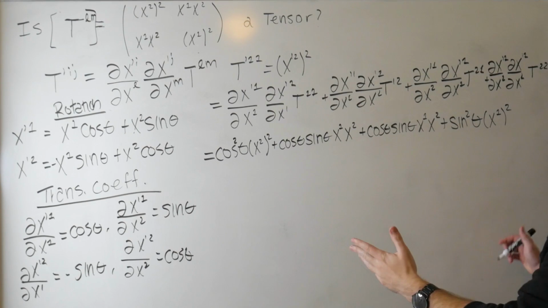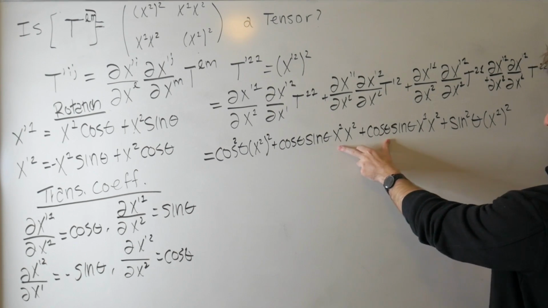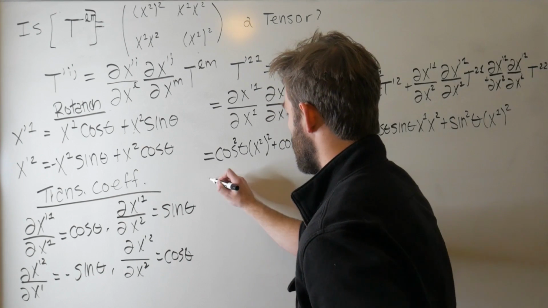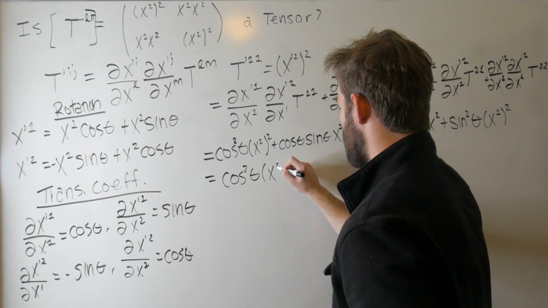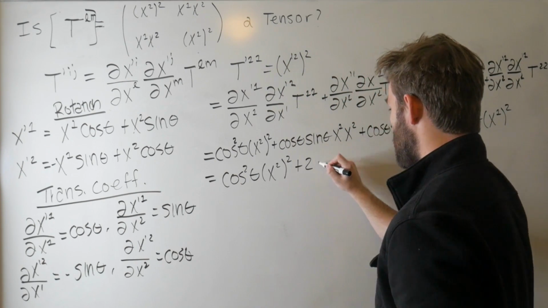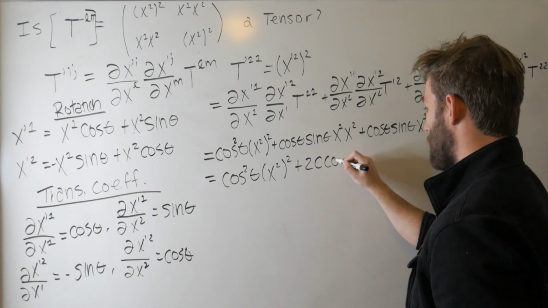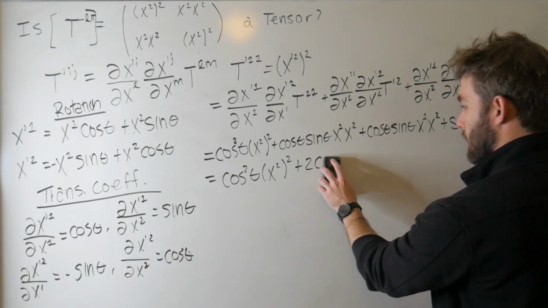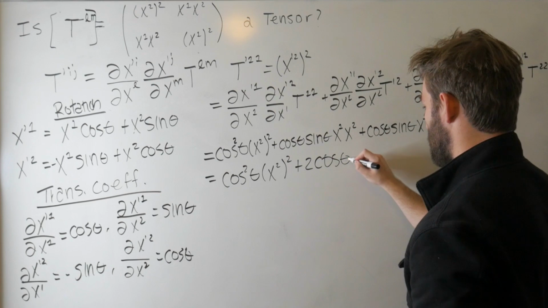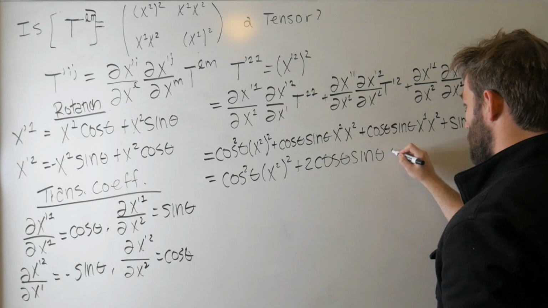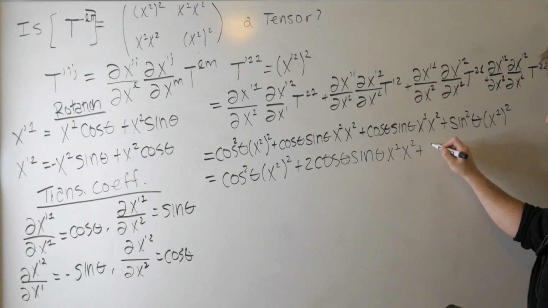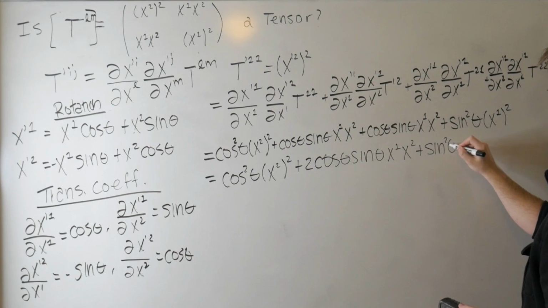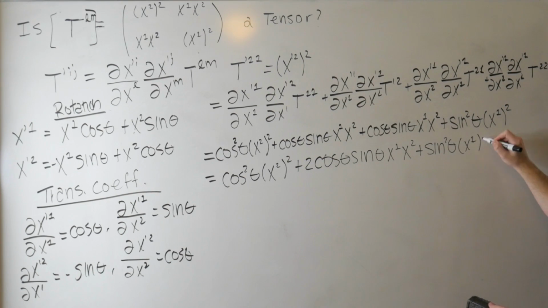Okay, but we can simplify this a little bit more because we've got two repeated terms here. So this is just equal to cosine squared theta x2 squared plus 2 cosine theta sine theta x1, x2 plus sine squared theta x1 squared.